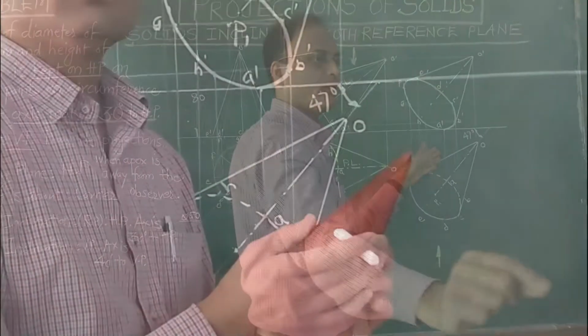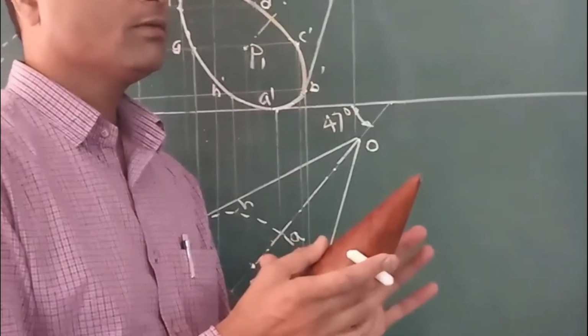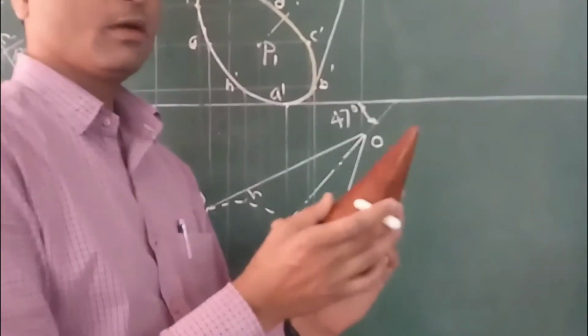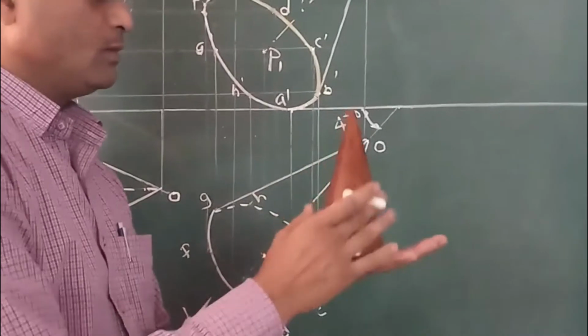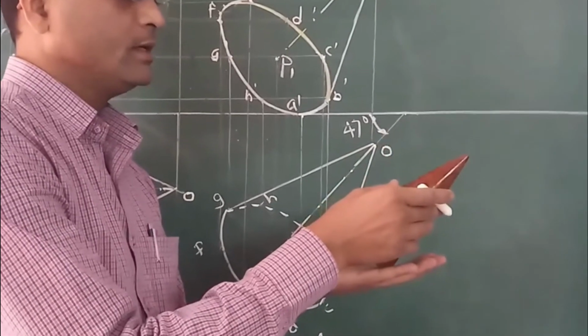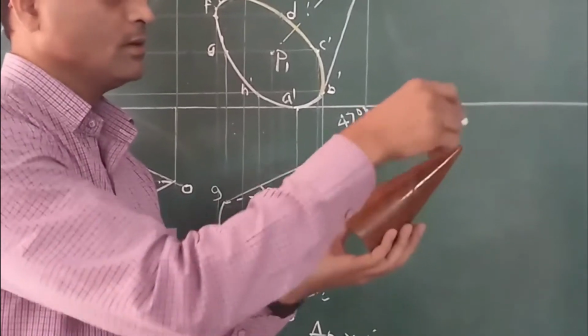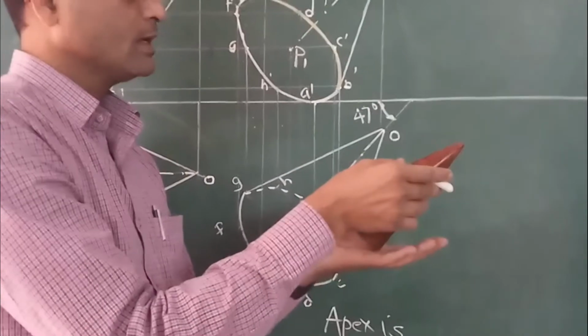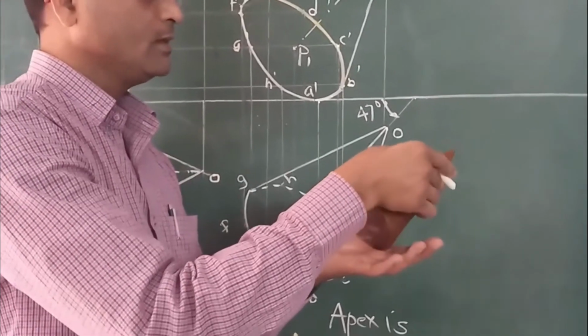If we draw it the other way, that is how to draw projections of the same cone when the apex is towards the observer. Initially we started from this position, then we tilted it so that the axis made some angle with the horizontal plane, and after this, for the second inclination, we tilted it this way.